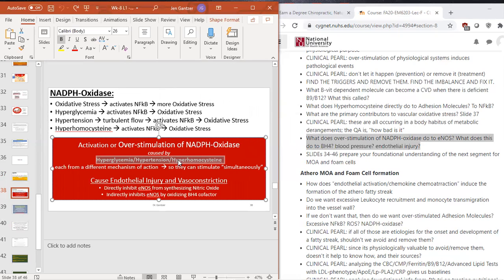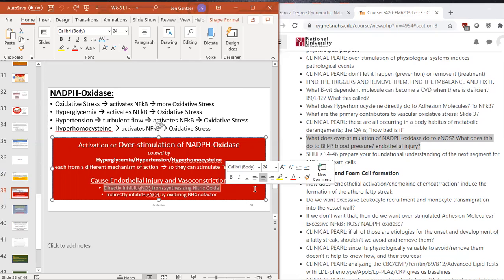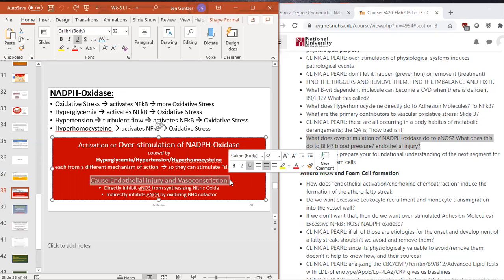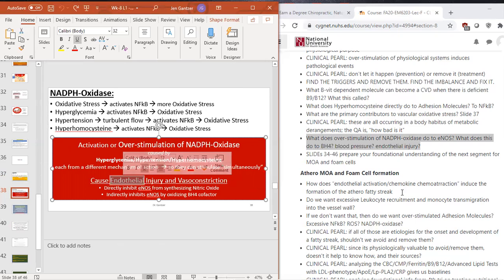So guess what these metabolic disorders are doing? It is dually activating nuclear factor kappa B at the same time as overstimulating our NADPH oxidase. And the direct result is we lose BH4, and then we directly inhibit nitric oxide synthase. It directly inhibits eNOS and causes endothelial injury.